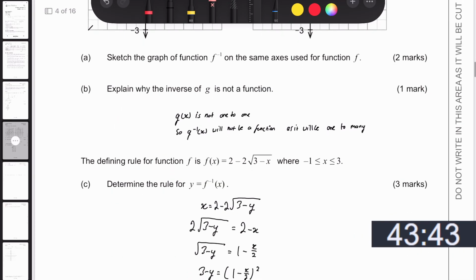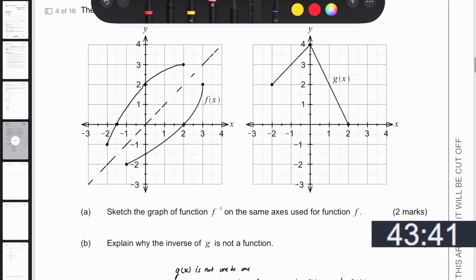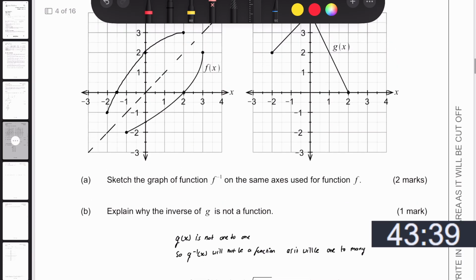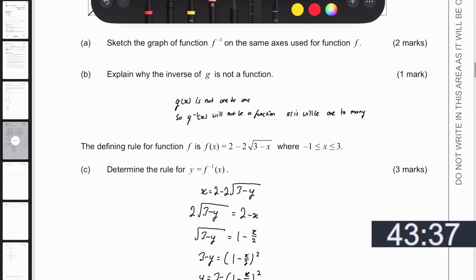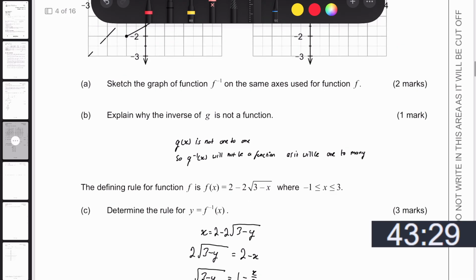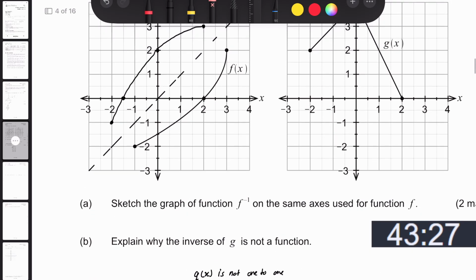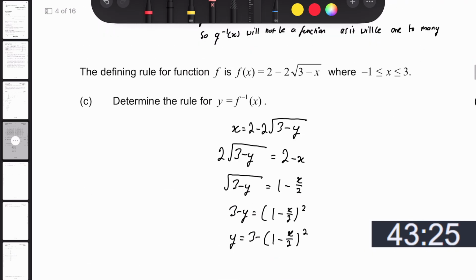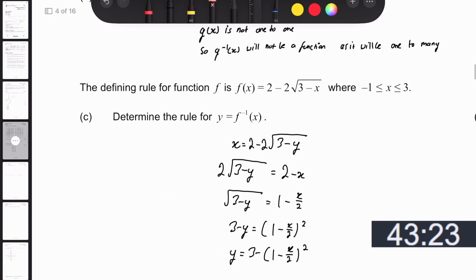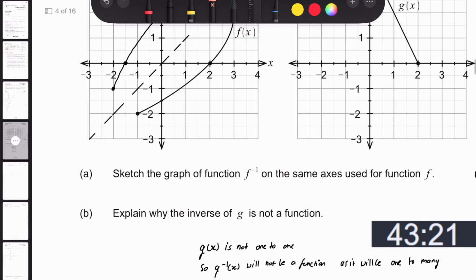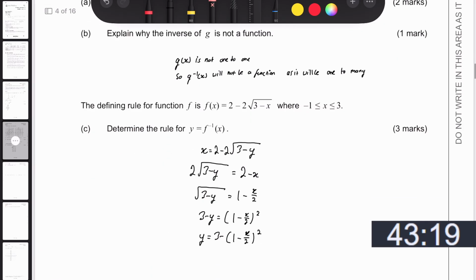Three, 0, minus 1, 4.5. So negative 2, 2, 4. Okay.